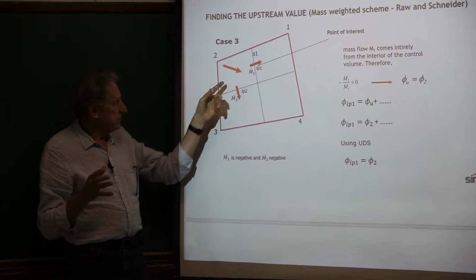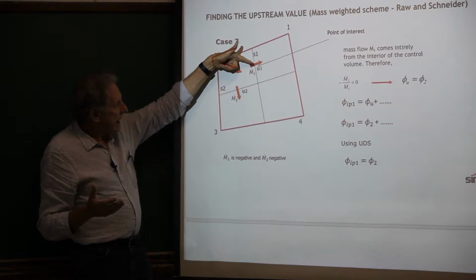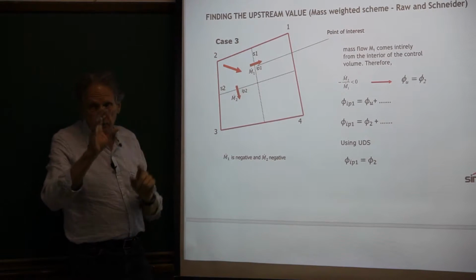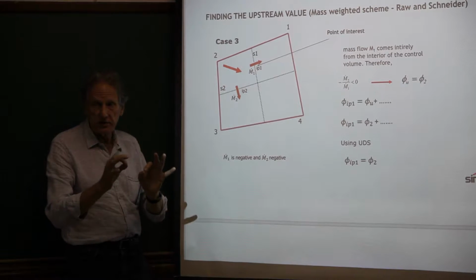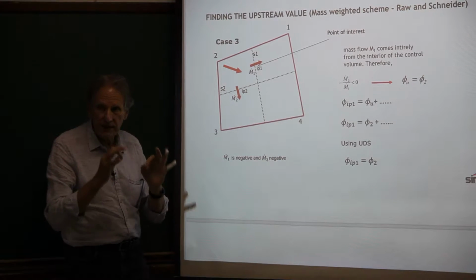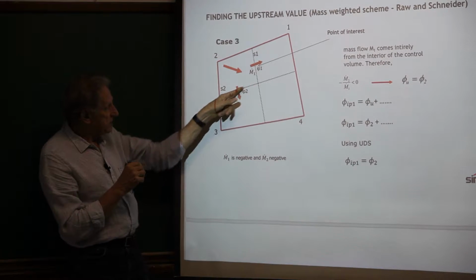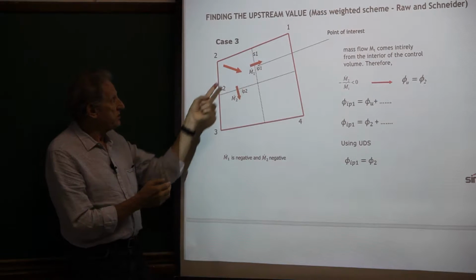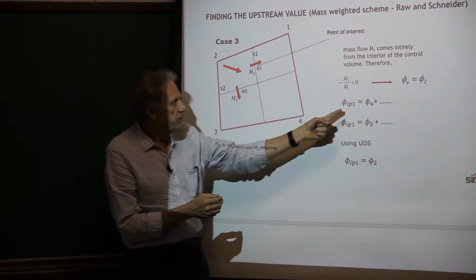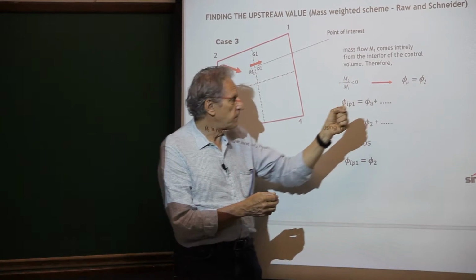So that is easy to understand that the information at this point, and in the three cases, our point of interest is here, is to calculate the function at integration point 1. If there is a part of the mass flow that leaves through subsurface 2, of course the information comes from 2. So the phi upstream is phi 2, the nodal point 2.